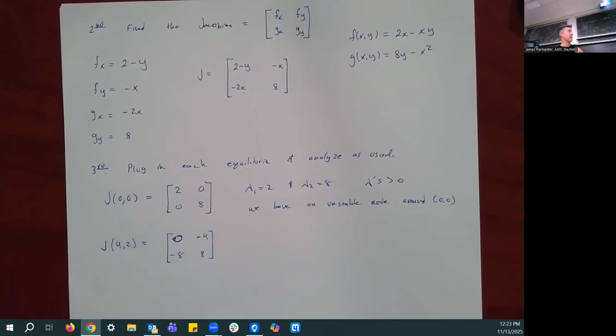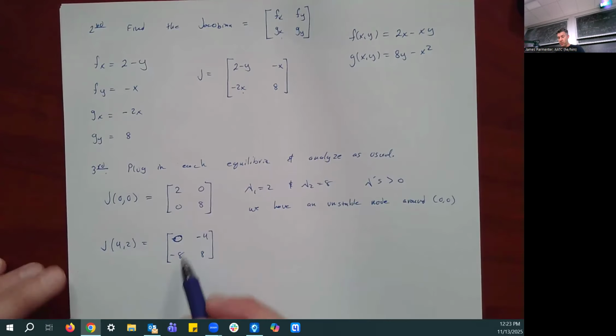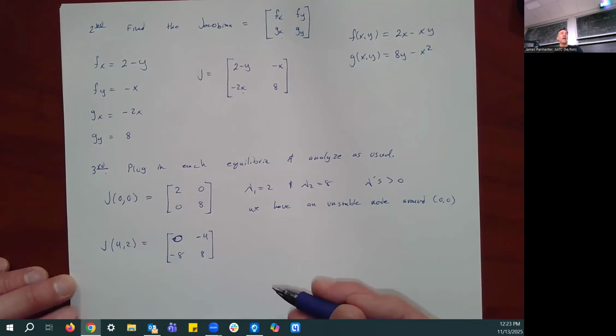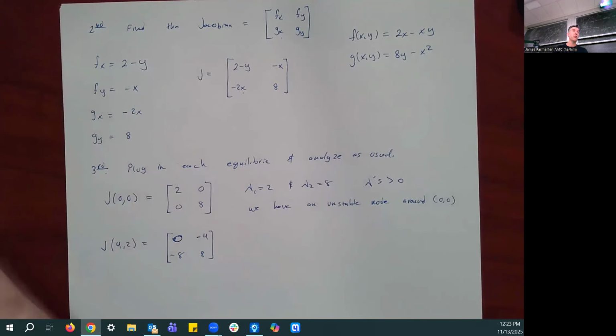So the trace of the previous matrix was 10. What's the trace of this matrix? It's 8. It's 0 plus 8. And the trace being positive means we're going to have instability. Also, our determinant here is 0 minus 32. Oh, we shouldn't even look at the trace. Our determinant's negative. We know we're going to get a saddle.